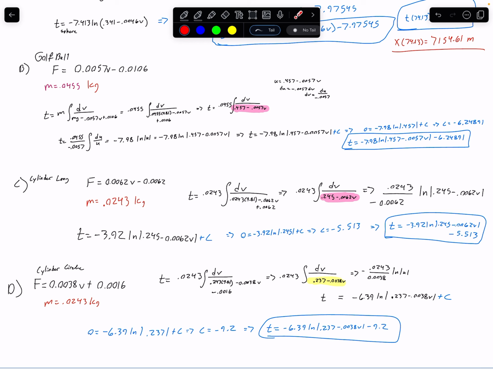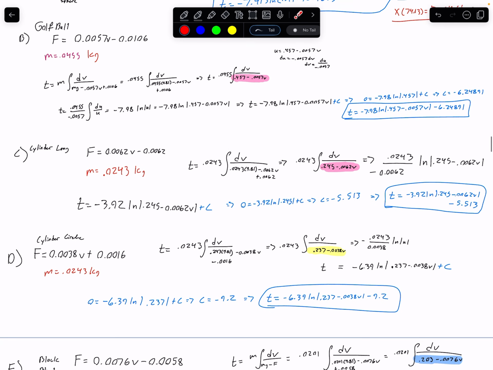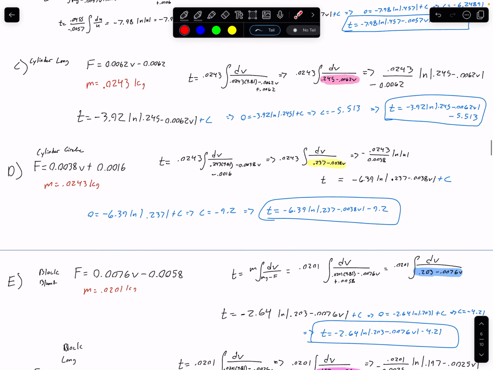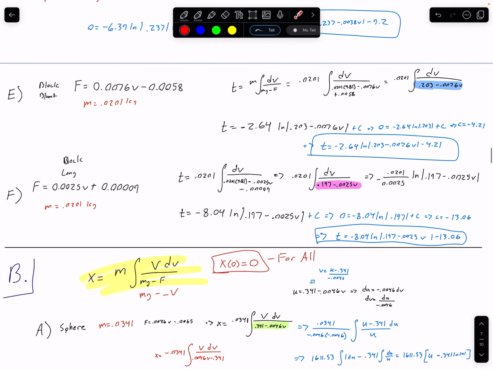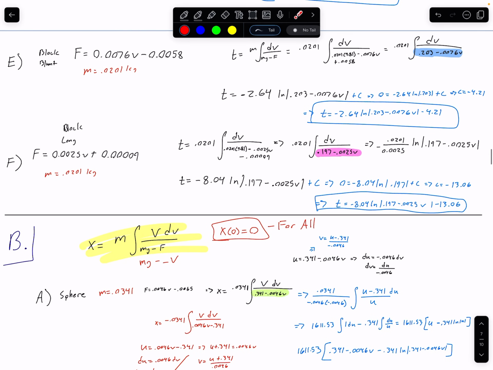It was a simple pattern to see. And again, use substitution for all of them, and then using our determined mg minus f values.